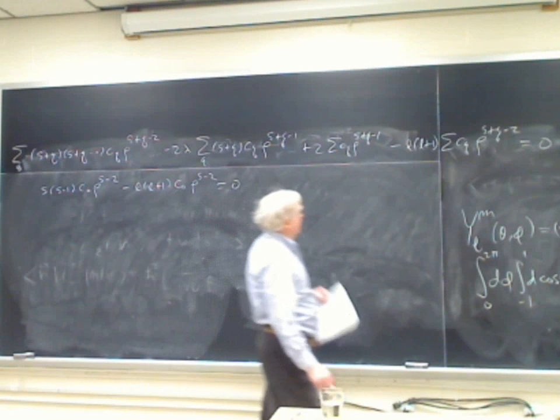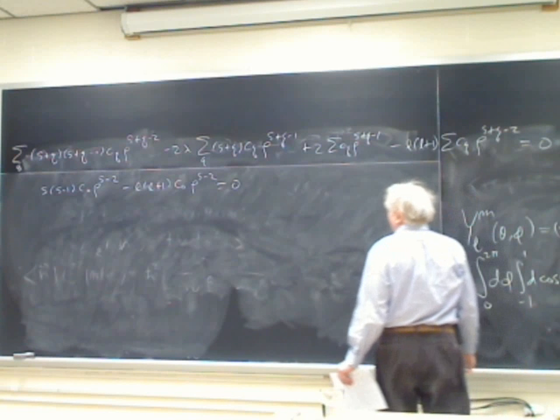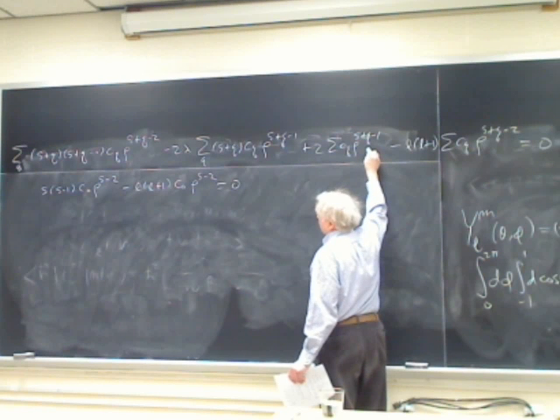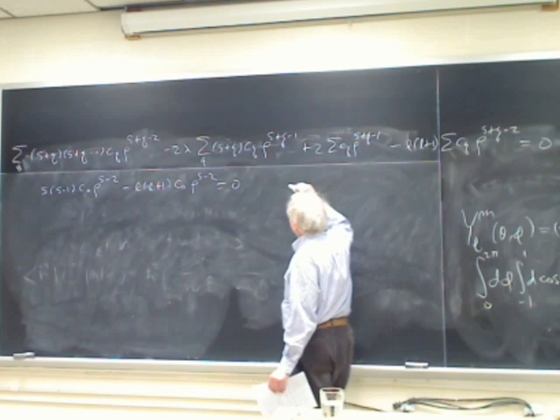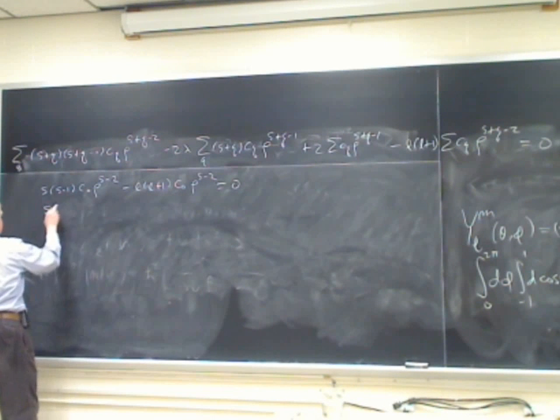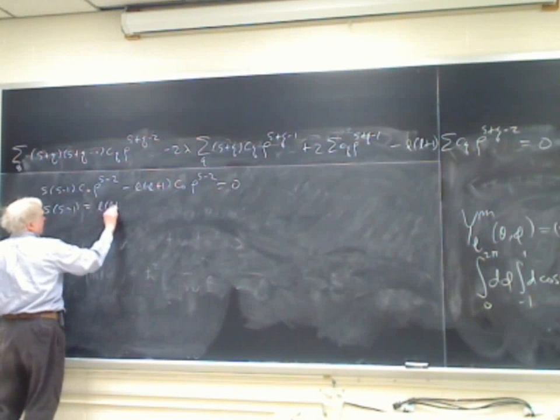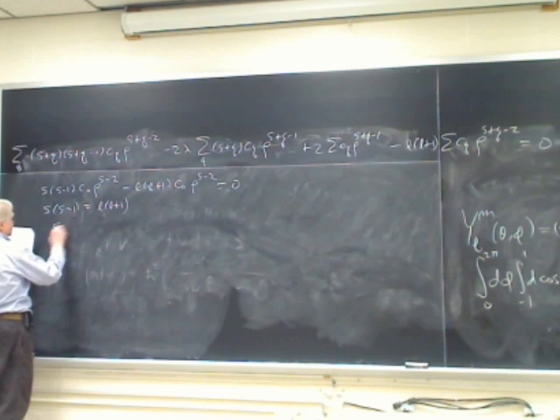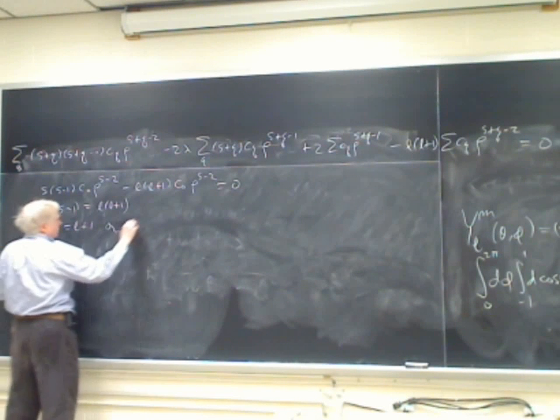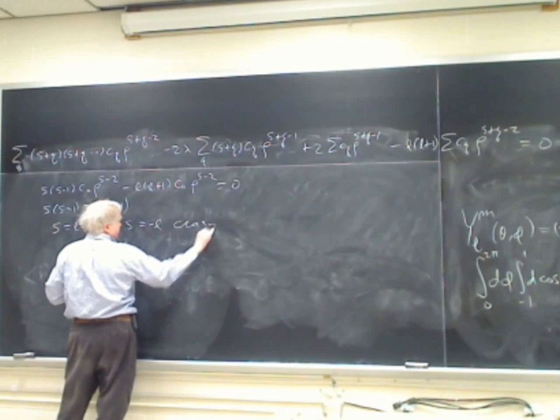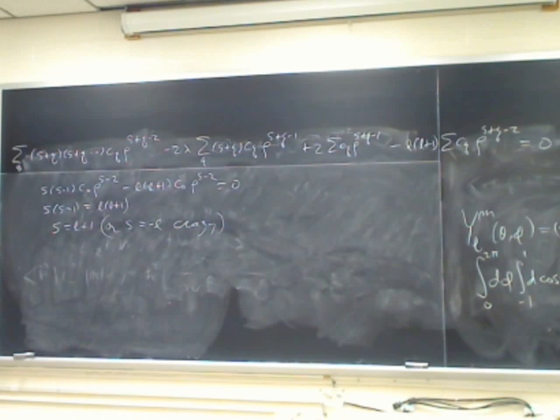Those are the two dominant terms. If you set q equals 0 in the others, you only have rho to the s minus 1, which isn't as important. So this tells you that s times s minus 1 equals L times L plus 1. That tells us that s is equal to L plus 1, or s is equal to minus L. This is crazy because it's so singular, and s equal to L plus 1 is the one that we anticipated from the previous analysis.